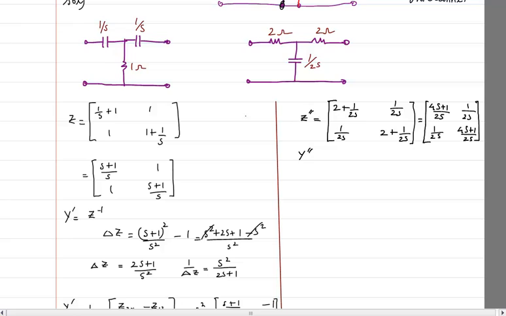So suppose this is y double dash, this was z dash, so it will be the inverse of z double dash, correct? For which I have to first find what is delta z, and delta z is, if you can see, (4s plus 1) square divided by 2s square minus 1 divided by 2s square, and there is no need for us to write, the cross multiplication is going to be very easy.